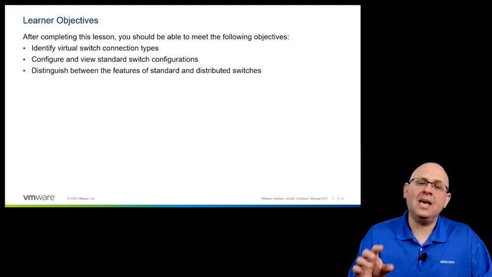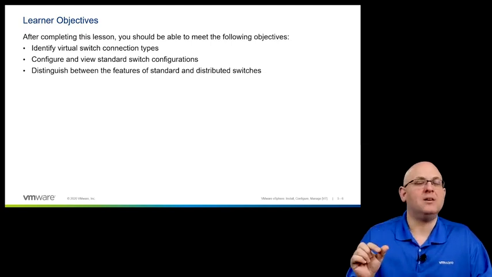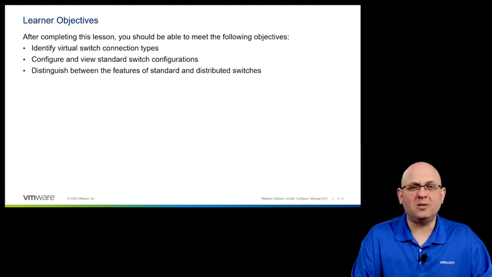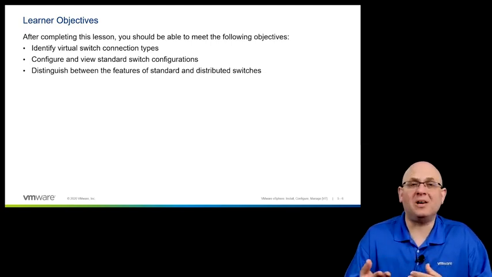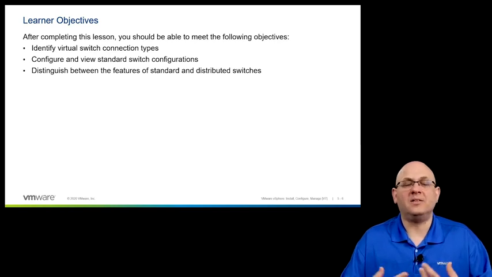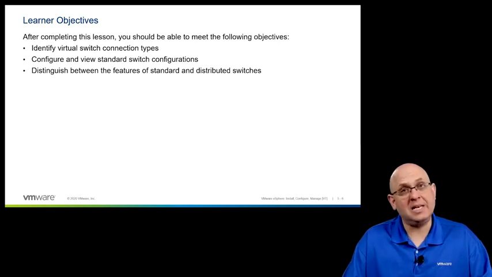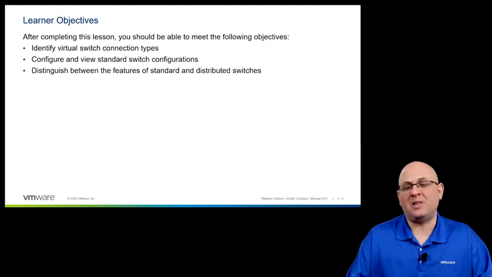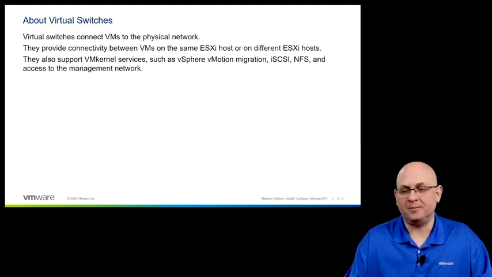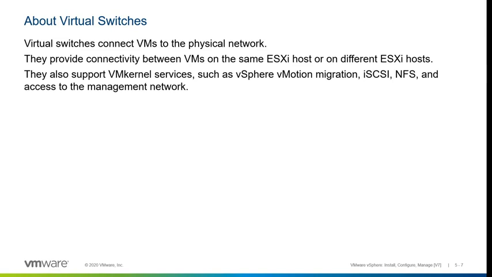And then we'll look at a little bit of the differences between the standard switch and the distributed switch. So when it comes to implementing your environment, you can decide whether or not the distributed switch is something that you actually need, and then you can ensure that you've got the right licensing from VMware so that you can use distributed switches. So what do virtual switches do?